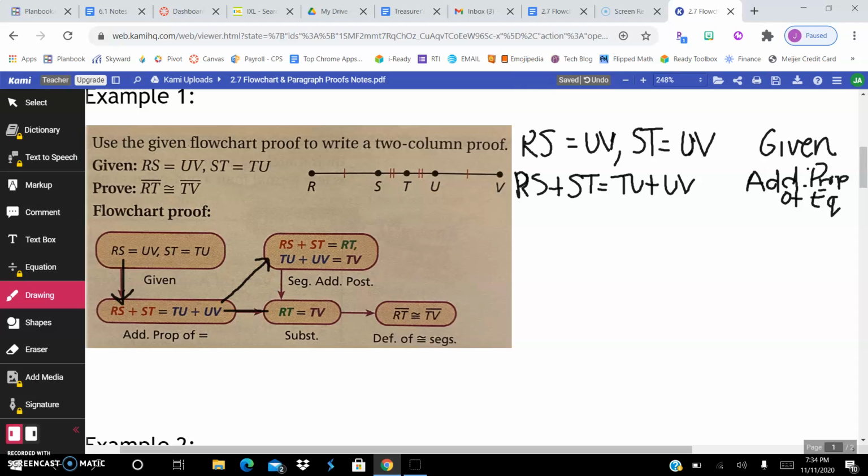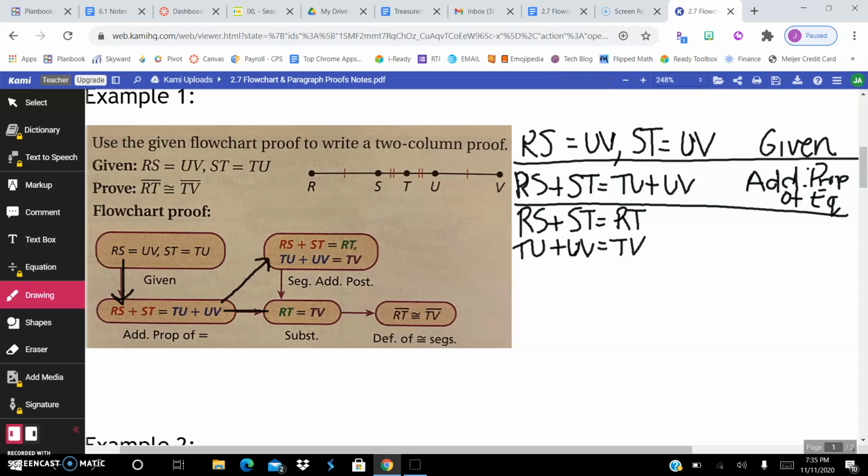So we can break that up and say RS plus ST equals RT, and TU plus UV equals TV. I'm going to break these up here. And they tell us right underneath of it that it's the segment addition postulate.